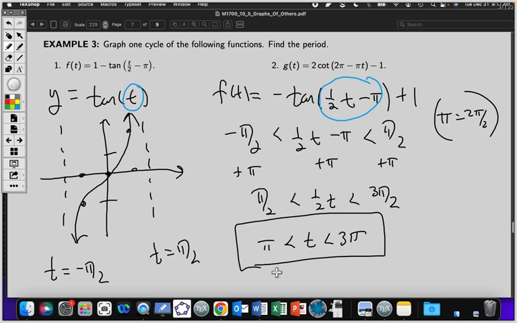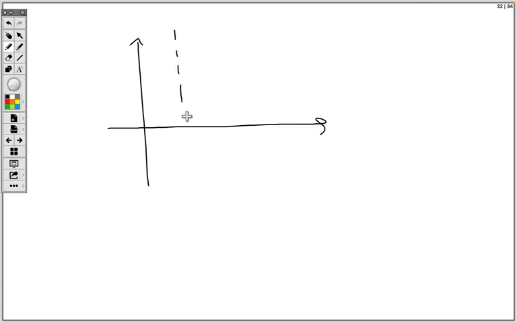And this gives us our new fundamental cycle, or where this fundamental cycle is going to live. So instead of between minus pi over 2 and pi over 2, we're going to be between pi and 3 pi. So we'll call this pi. We'll call this 3 pi.